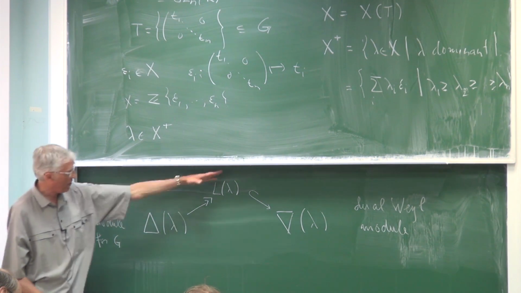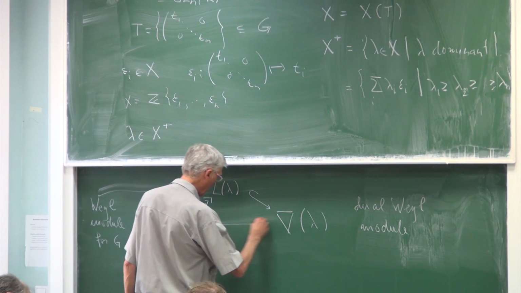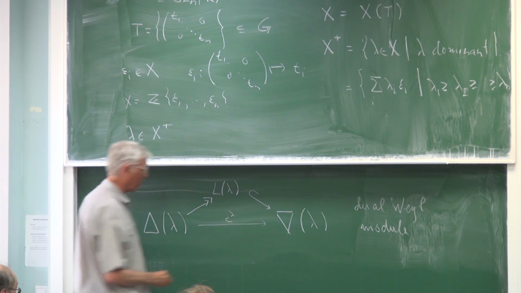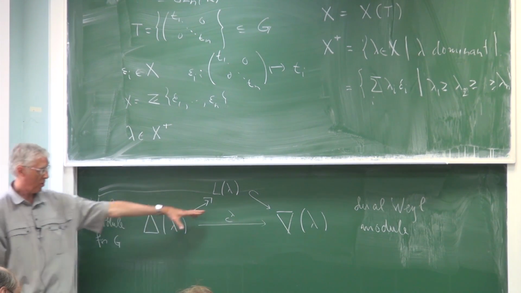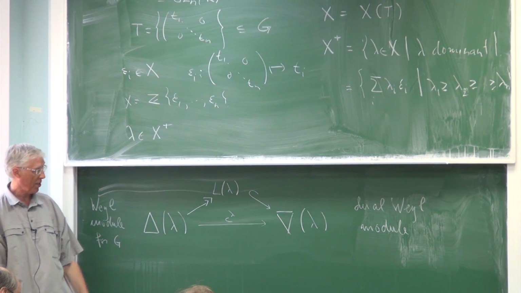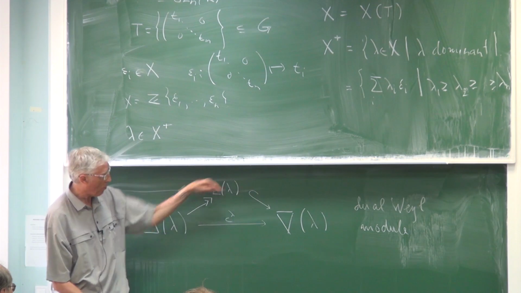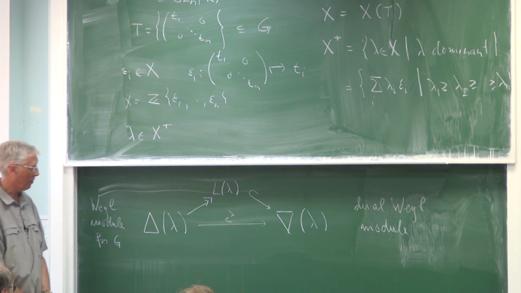Anyway, there is up to isomorphism only one map, which I'll call c lambda, from delta lambda into here, up to a constant. This is the unique non-zero homomorphism, and it's actually this composite here. So it will take top to bottom over here.